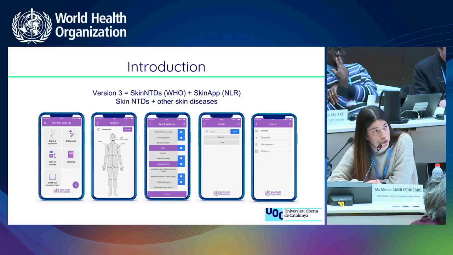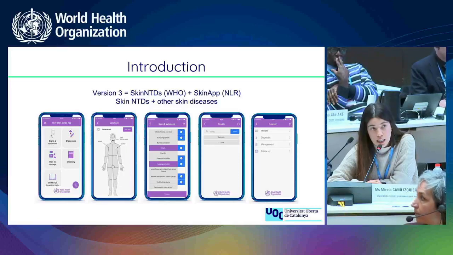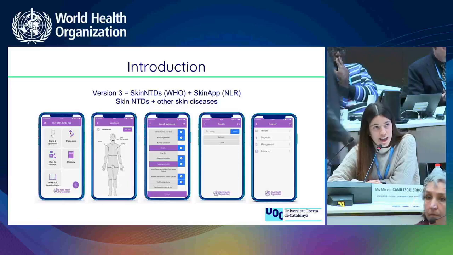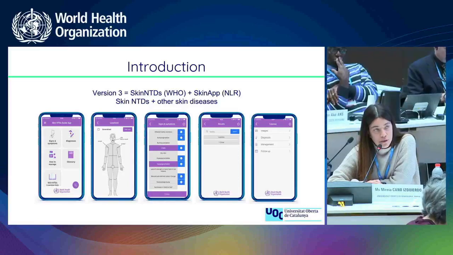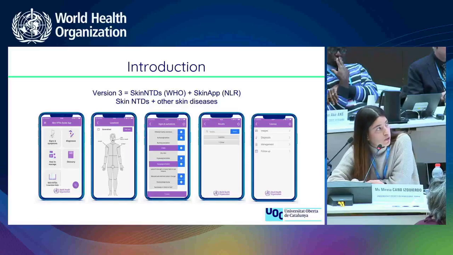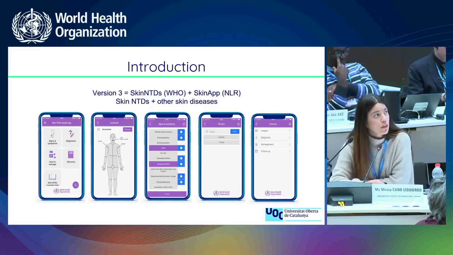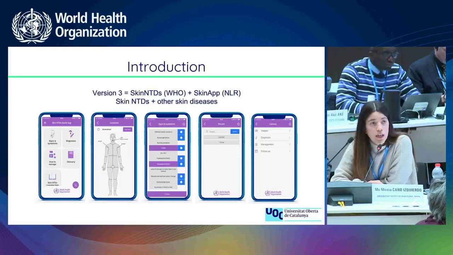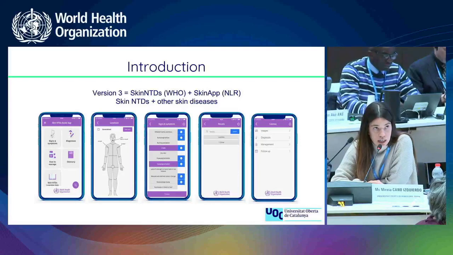Currently it's version 3 that we have assessed, but very soon version 4 will be released. This version is a combination of the Skin NTDs app and the Skin app from the NLR that the speaker before talked about. This version includes not only a list of skin NTDs, but also other, more general skin diseases.